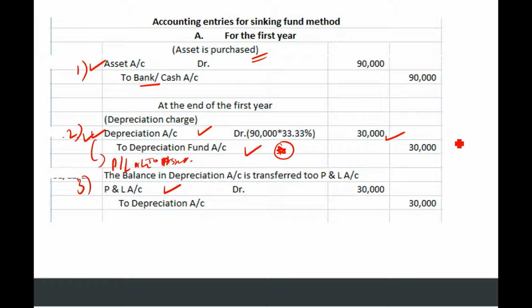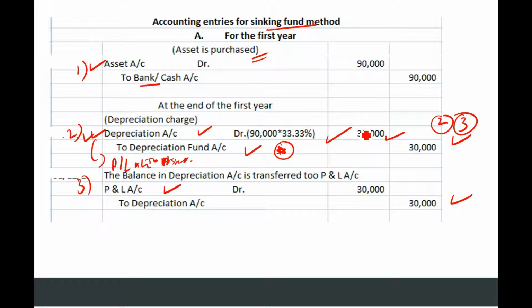So this entry will repeat for the next 2 years, that is the second year and third year also. Now after passing the transfer of depreciation to profit and loss account, we need to pass entries related to purchase of investment. As per the sinking fund method, whatever depreciation is charged, the same amount has to be invested in sinking fund investment.